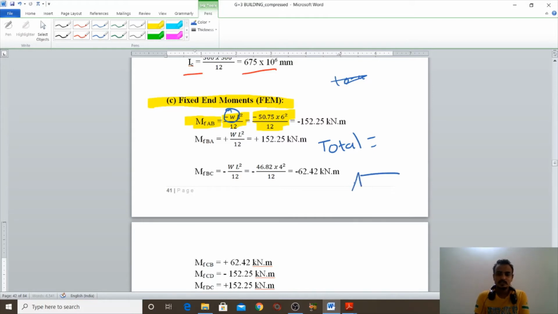You can see in the figure we have the beam which is named AB, and after that BC, then after that CD. So the fixed end moment on AB is WL square by 12. W means total load, L means length.